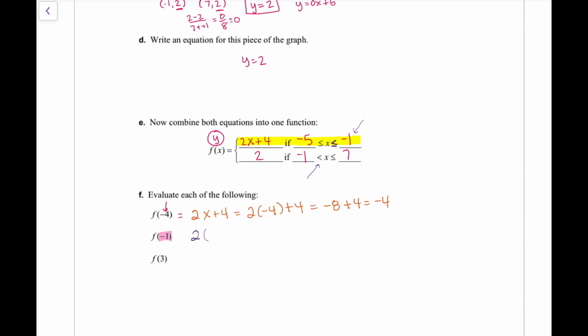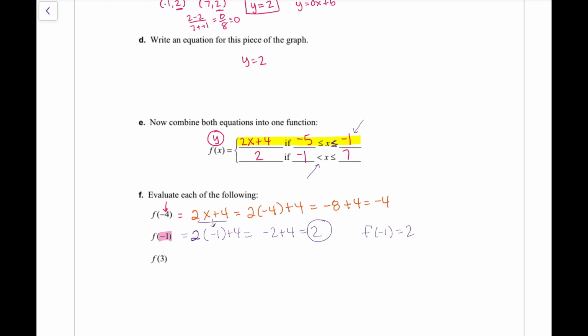So we have 2 times negative 1 plus 4. We're taking the same equation and putting a negative 1 in everywhere there's an x. So we have negative 2 plus 4, which is equal to 2. Okay, so f of negative 1 equals 2.